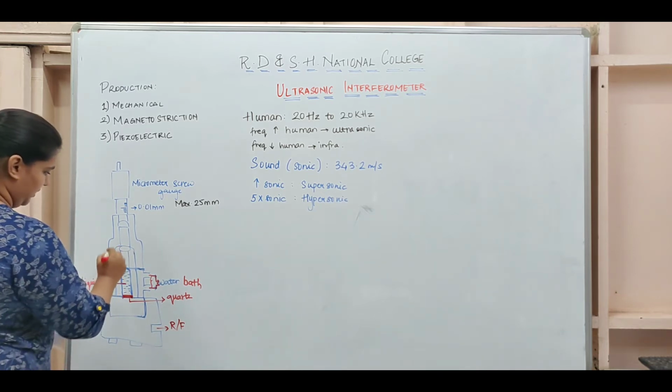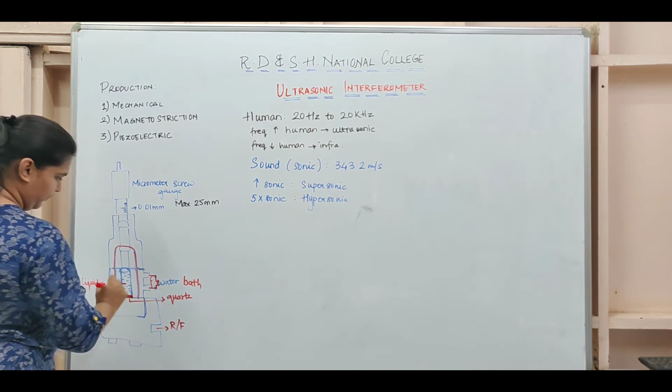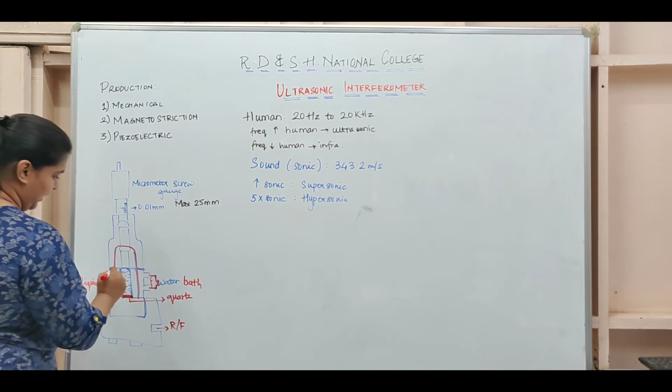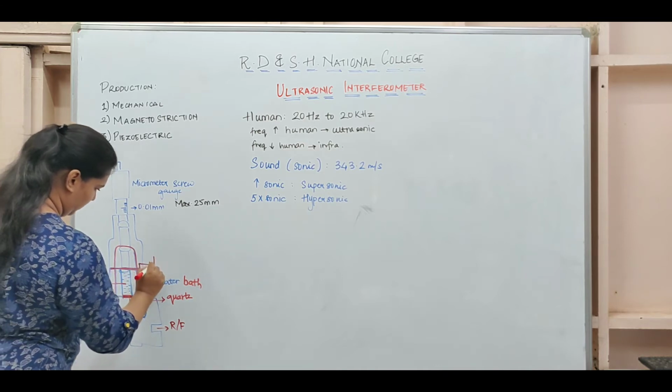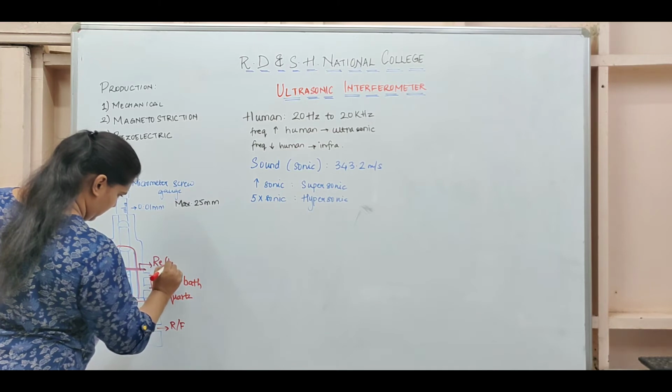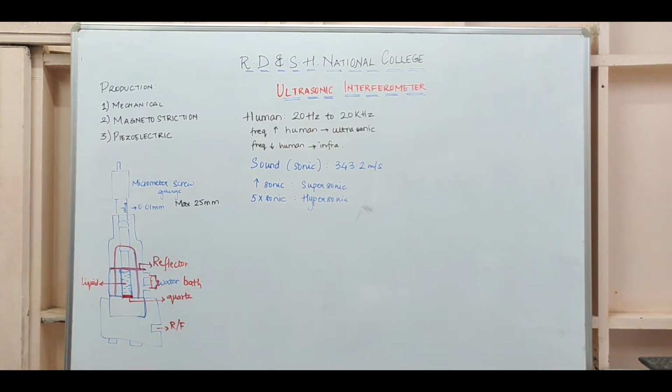This is a double-walled vessel, generally made of chromium, and here is the reflector. What the reflector does and its importance, I'll cover ahead. So just look at this diagram once and I'll move to the theory part.